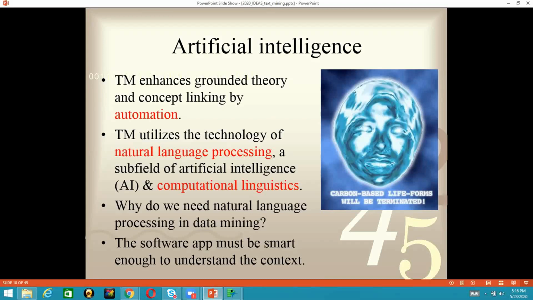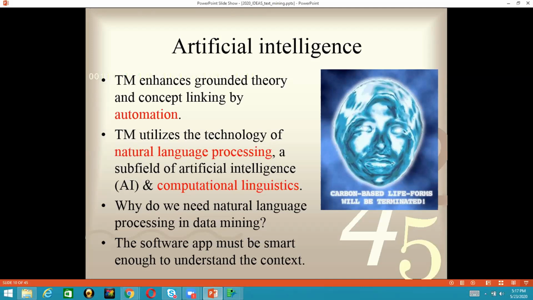So now we have AI, and text mining is based upon natural language processing, a subfield of AI, and also computational linguistics. Why do we need natural language processing? Well, the software app must be smart enough to understand the context.